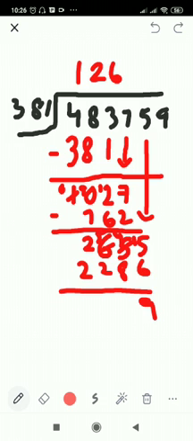It will become 5, and it will become 14 minus 8 is 6 here, and again you will borrow from here. 15 minus 2, you're going to get 3 here.